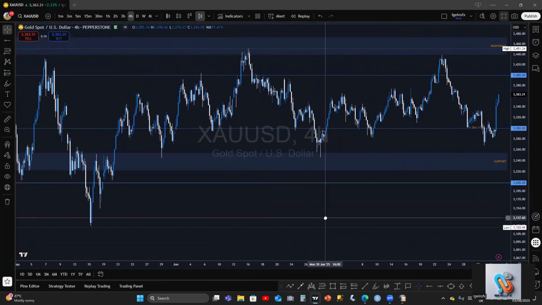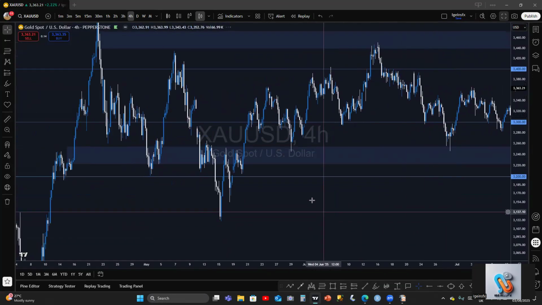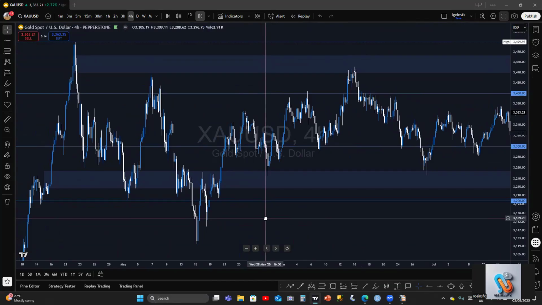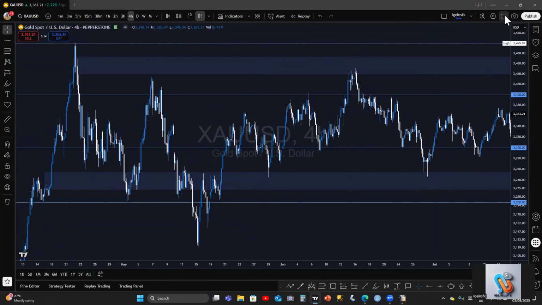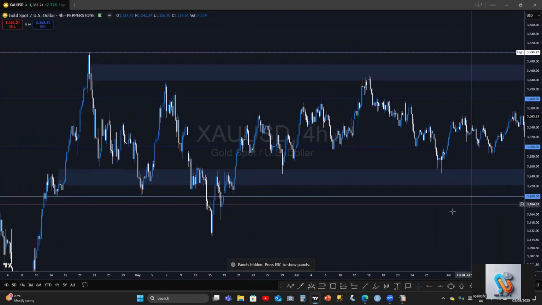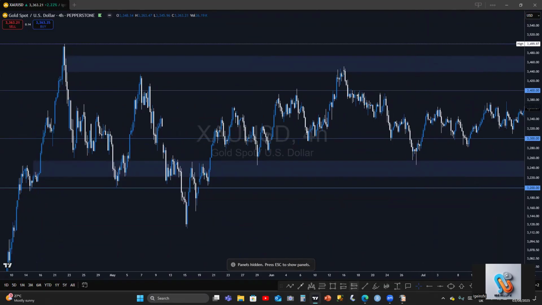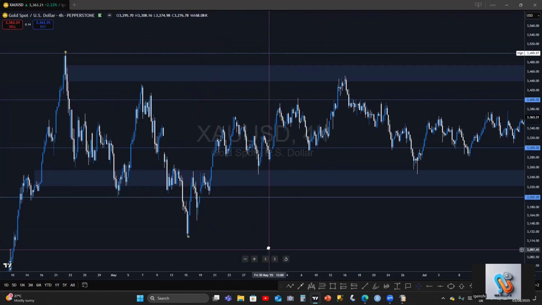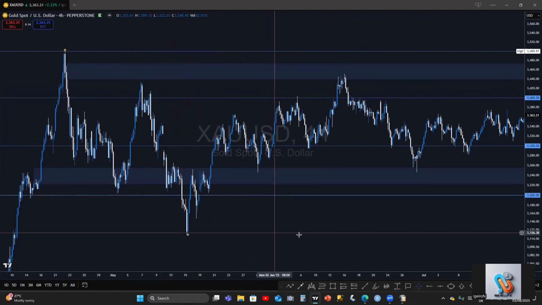The first thing we need to note is that we have a high here. We have a low here. We have a high and we have a low.